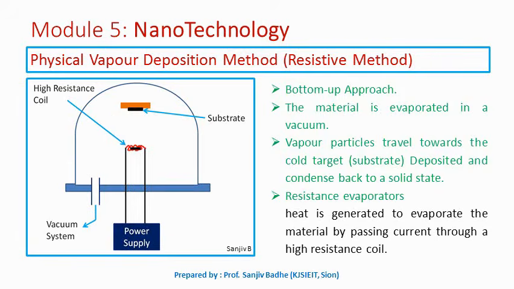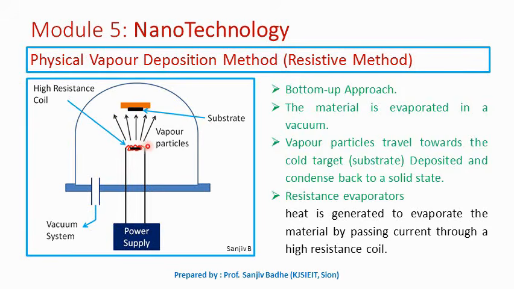Now for producing these vapor particles, we can use either a resistive method or sputtering method. In resistive method, the heat is generated using a resistive coil, high resistance coil, and this heat can be used to evaporate the material and produce the vapor of the materials. So you can see this is a high resistive coil which is connected to the power supply, and the material which is to be evaporated is kept on this coil.